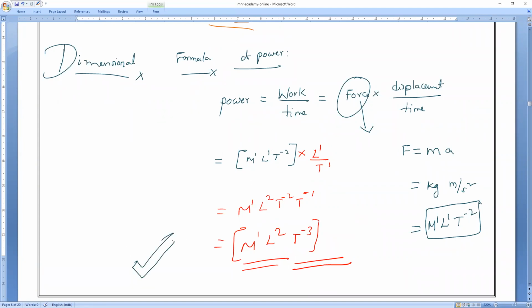Once power is over, tomorrow's class we are going to start a concept called energy. Once energy is over, we will cover the types of energy, which is very theoretical questions. And then we'll go with the most important concept, mechanical energy.